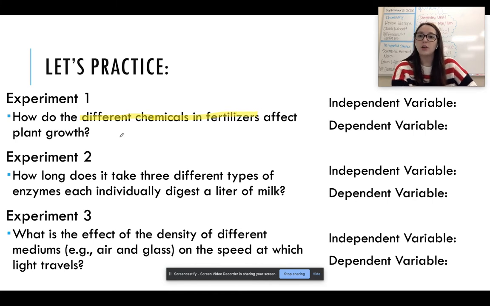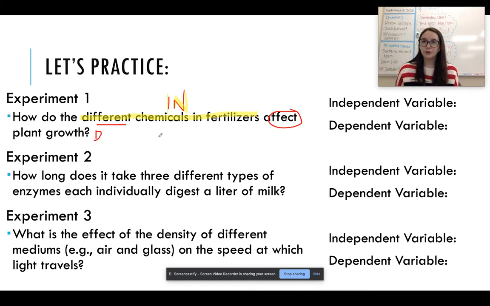So I have different chemicals and different fertilizers. That is my independent variable. Beautiful. I want to see how it's affecting plant growth, so I can measure my plant growth based on the different chemicals. Let me change this to a pen because that might be easier. So my independent variable is the different chemicals, and I want to see the effect on plant growth. So that is my dependent variable.